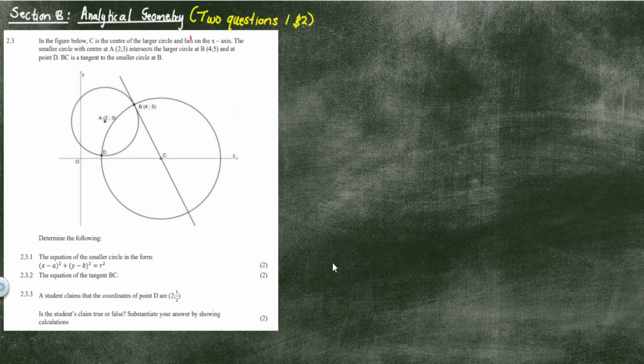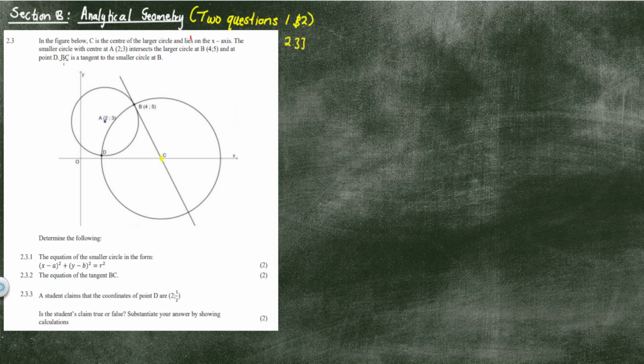Now for the last question, 2.3. Same story, guys. In the figure below, C is the center of the larger circle and lies on the x-axis.